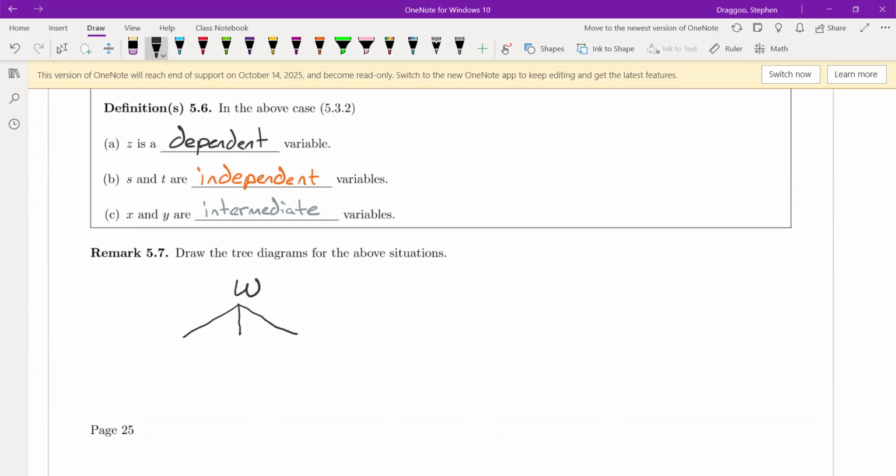I had my function w that was made up of an x, a y, and a z function. Right? W is f of x and y and z. So I'll put those three variables along the first branch of the tree.